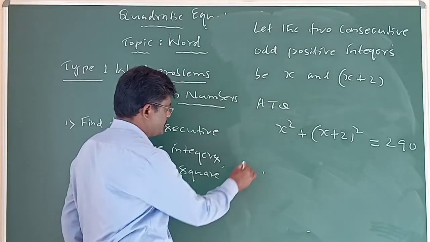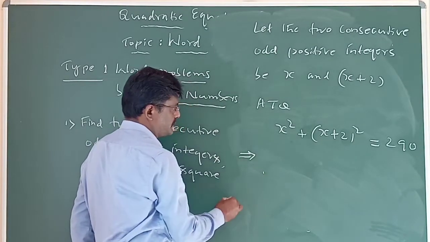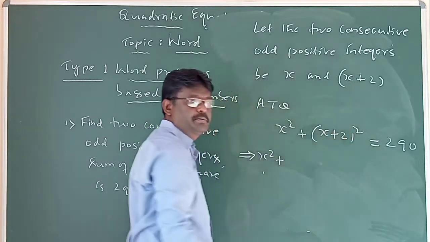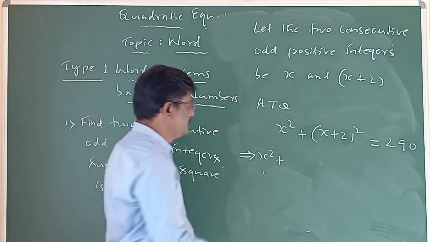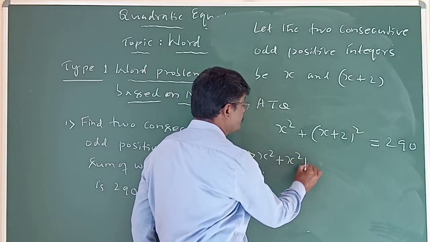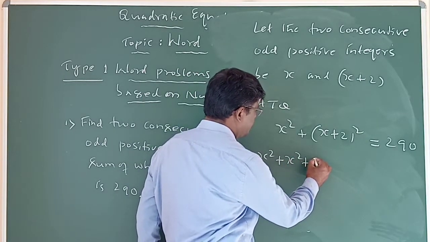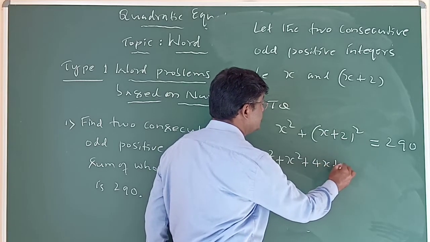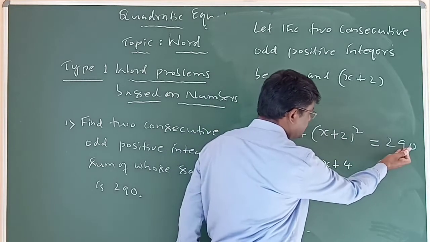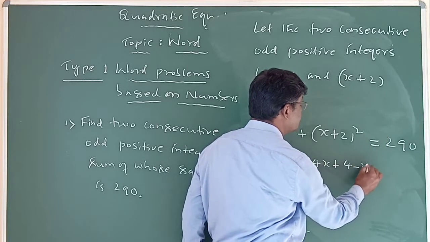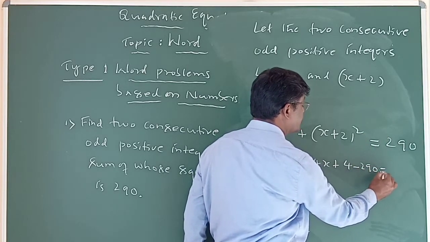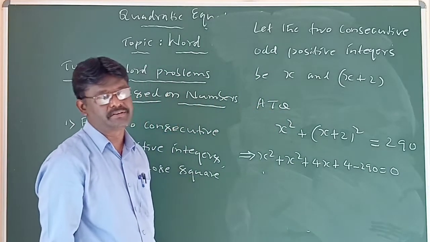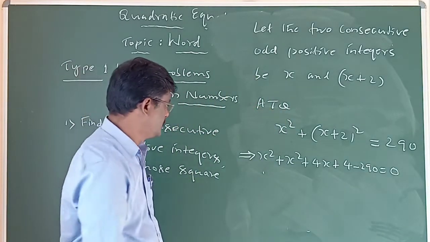Therefore, this implies x square plus, it is of the form a plus b whole square, that is a square, x square, plus 2ab, 2 into x into 2, 4x, plus b square, 4, and then bring this 290 to the left hand side. 290 becomes minus 290, equal to 0. We know the standard form means the right side should be 0.